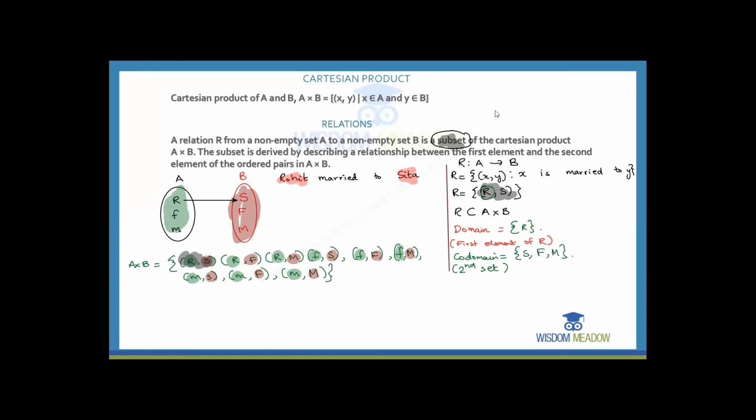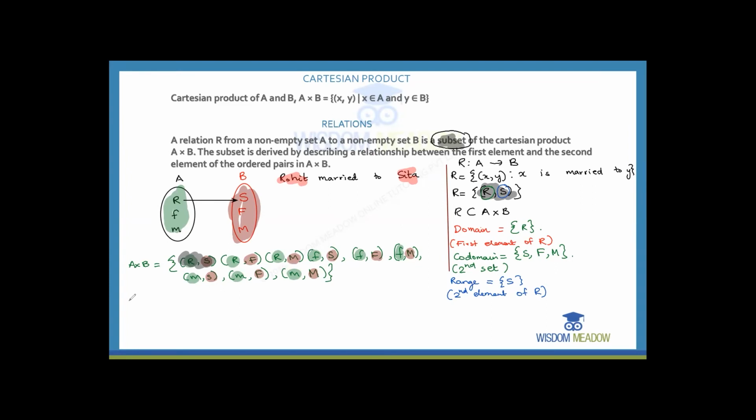And next concept is range. Range is the second element of each ordered pair of the relation. The second element, we could see that that is Sita, so that is S. So this is how we find the domain, codomain, and range.